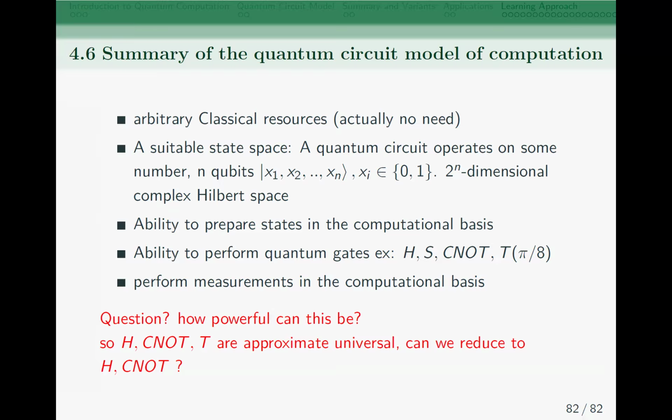If I remove CNOT, then everything will be a single-qubit unitary. So the question is, can I remove one of the others? For example, can I remove this T? I only use Hadamard and CNOT. We also have S, right? Yeah, but it is actually T. So the question is, can I remove T? If I remove T, are Hadamard and CNOT universal?